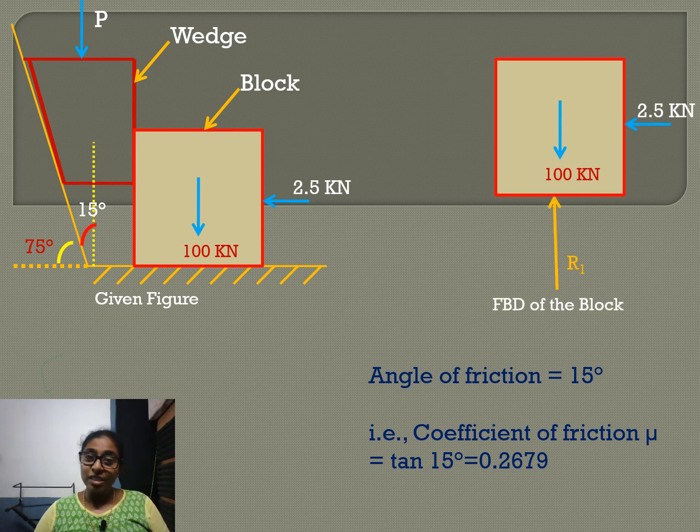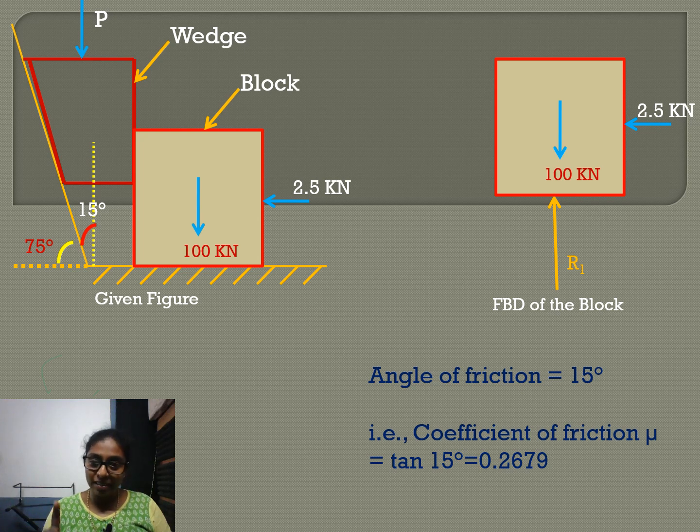Now this block is resting on the horizontal surface. When it rests on the horizontal surface, there is a contact between the surface and the block. So there will be a normal reaction acting perpendicular to the surface. This normal reaction is taken as R1.